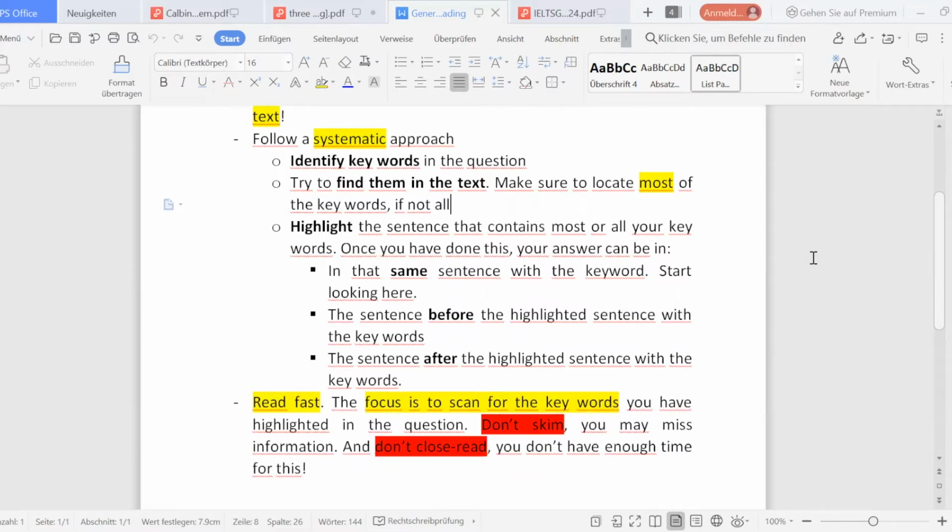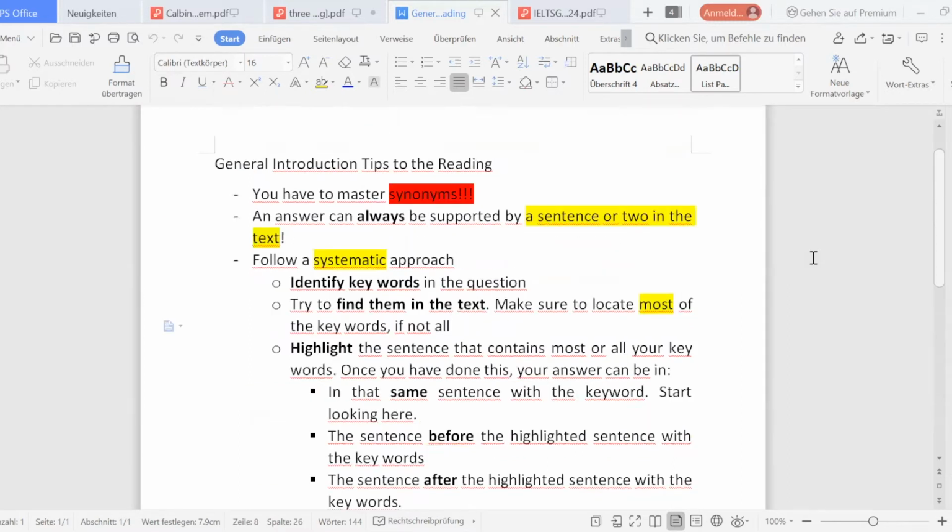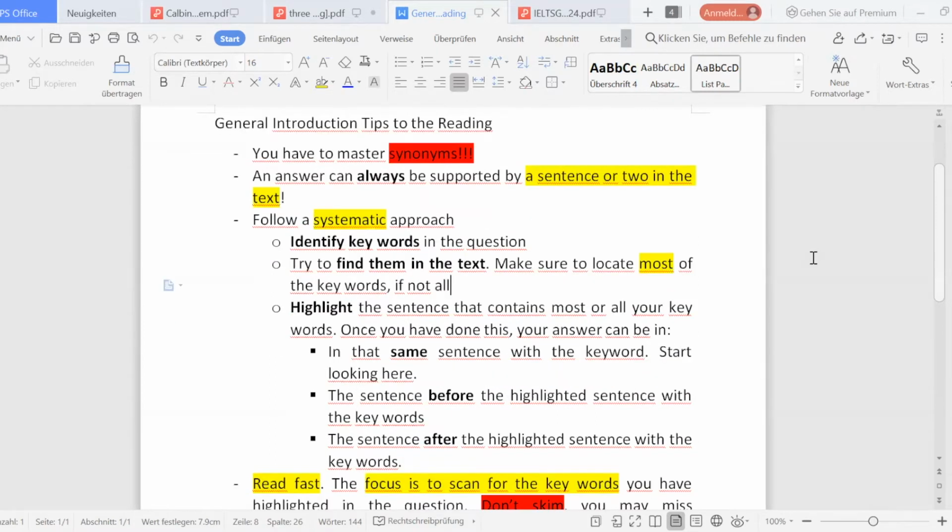So the first point I would like you to remember is that you have to master synonyms, because it is often the case that you would read a question with particular types of words, but when you go to the text to look for these words, you would find, in most cases, synonyms. There are actually three different levels in keywords identification in the text.